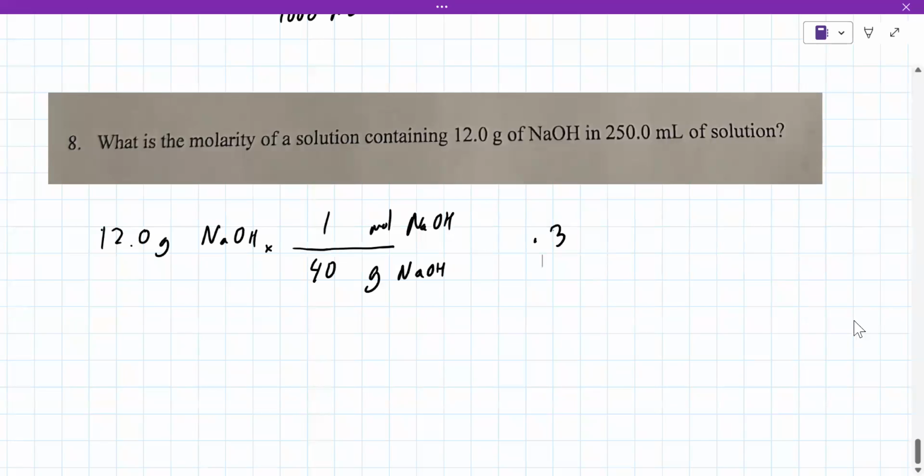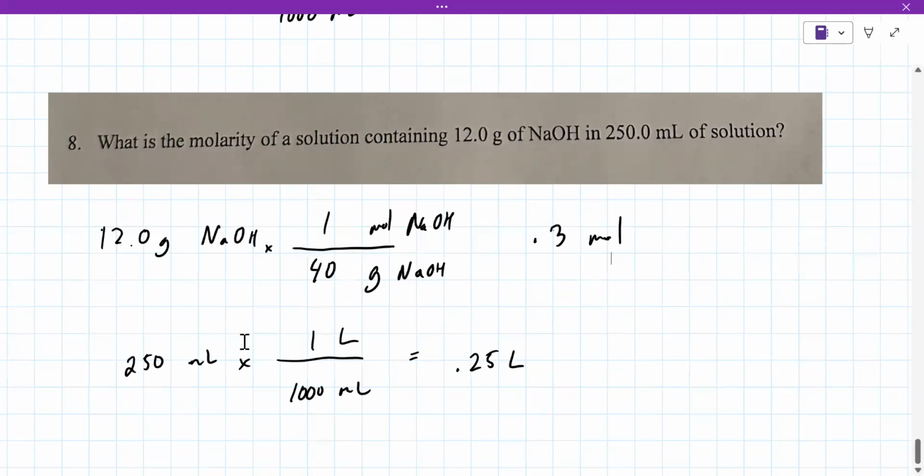And then from here, you're going to convert the milliliters into liters. So there's 1,000 milliliters in 1 liter. That's just 250 milliliters, but you're dividing by 1,000 to get it in liters. So 0.25. Yes.